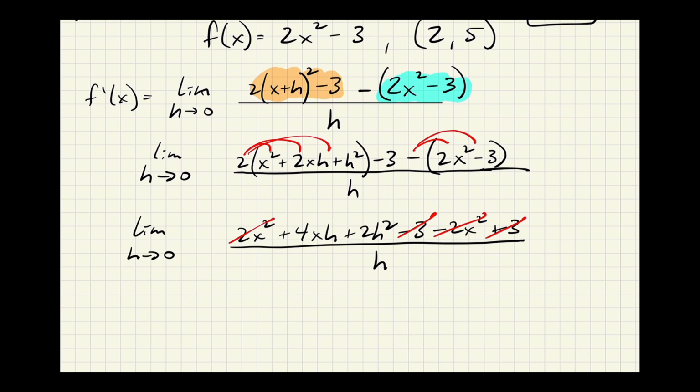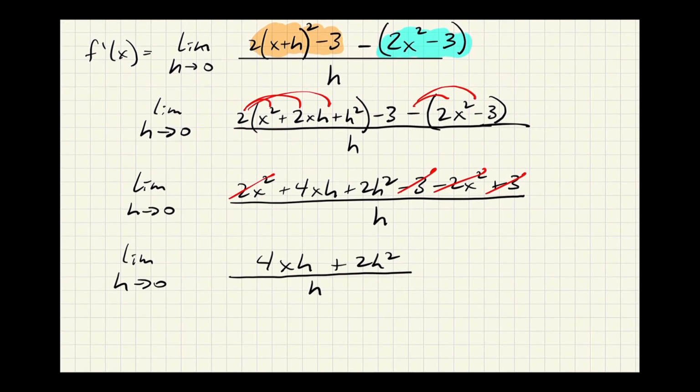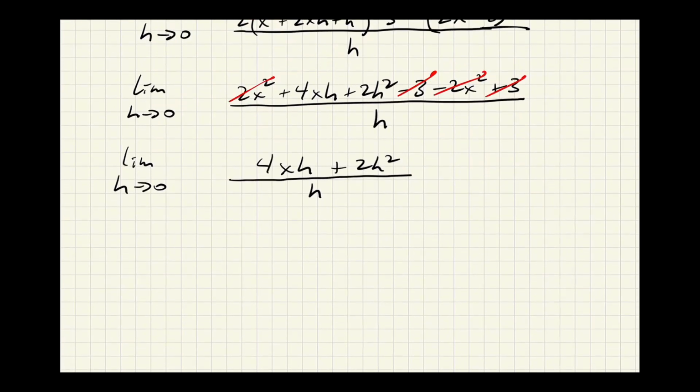Okay, so let's see what we got left. The limit as h approaches 0, 4xh plus 2h squared over h. That's all that's left. Factor out h.